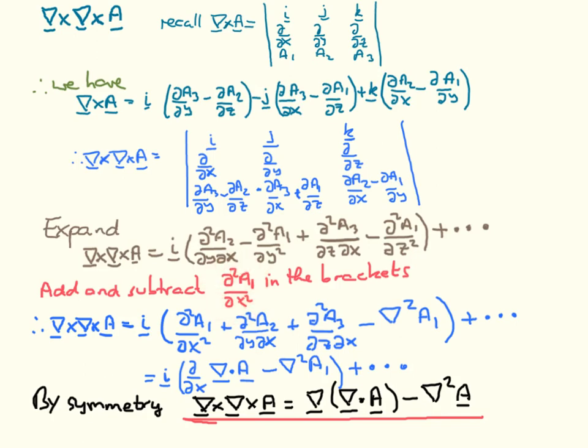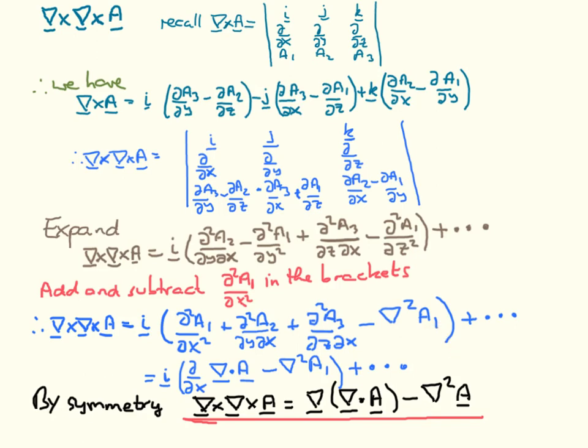So let's think about the term where we have this with a minus sign. Well, that's going to give us minus ∂²A1/∂x², and we've already got minus ∂²A1/∂y² and minus ∂²A1/∂z², so that is the Laplacian operator acting upon the component A1 of our initial vector field.